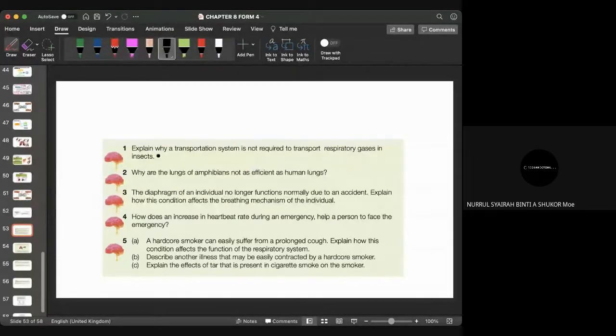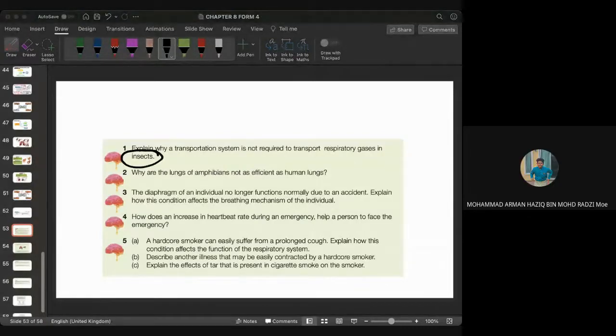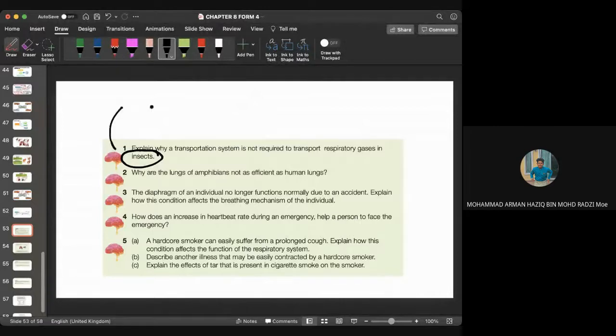Kenapa insect tak perlu ada blood vessel macam kita? Transport respiratory sebab dia tak ada blood. Yelah, kenapa dia tak ada blood? Kenapa kita kena ada blood?